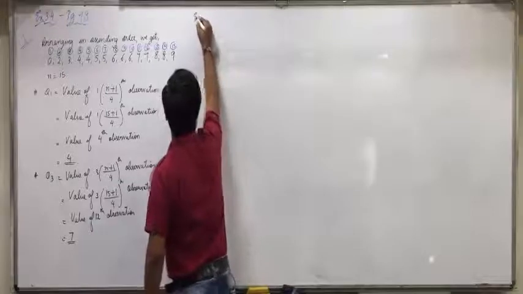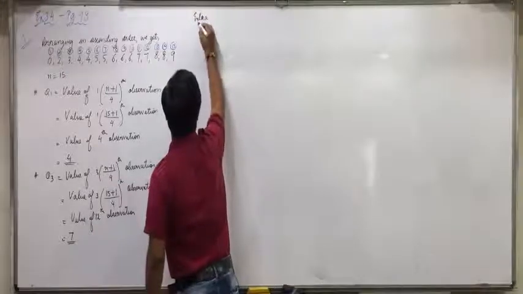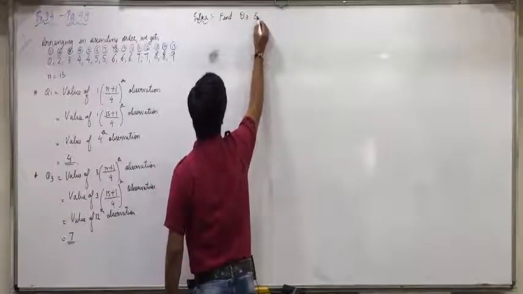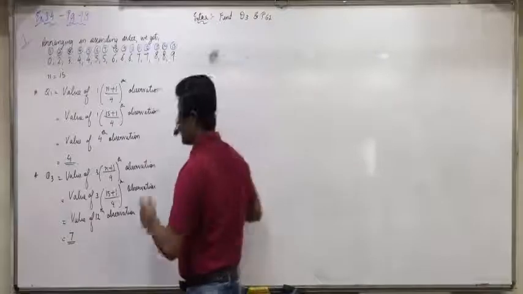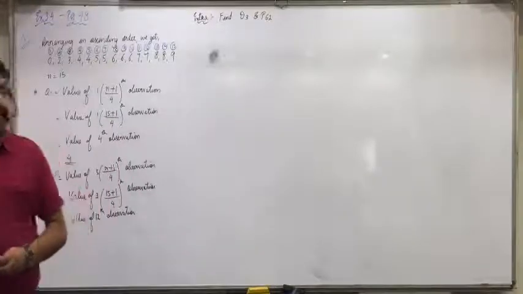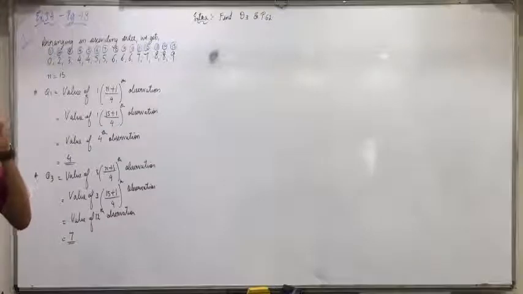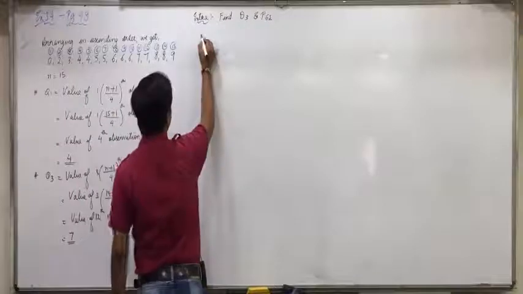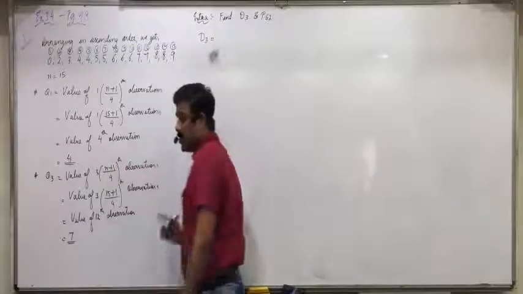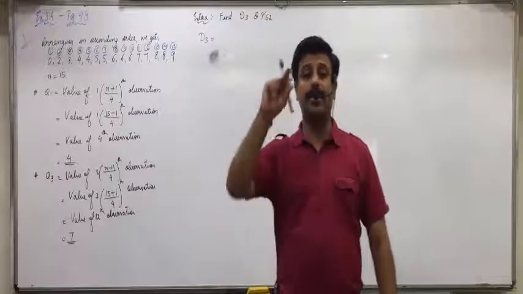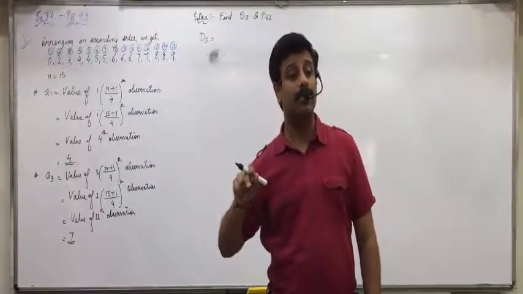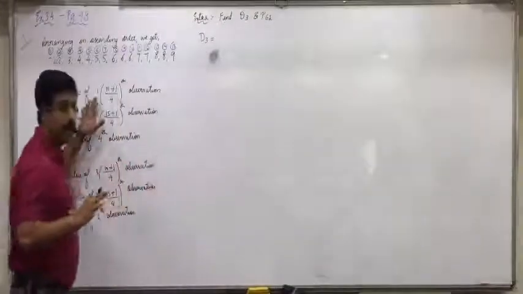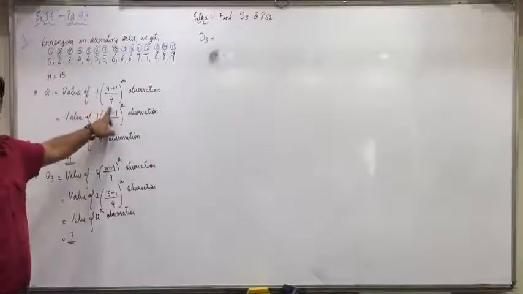So write down. Also find D3 and P62 from the above question. Now D3 I am showing, P62 you try on your own. D3, so we will multiply with 3, and decile you will divide with 10.